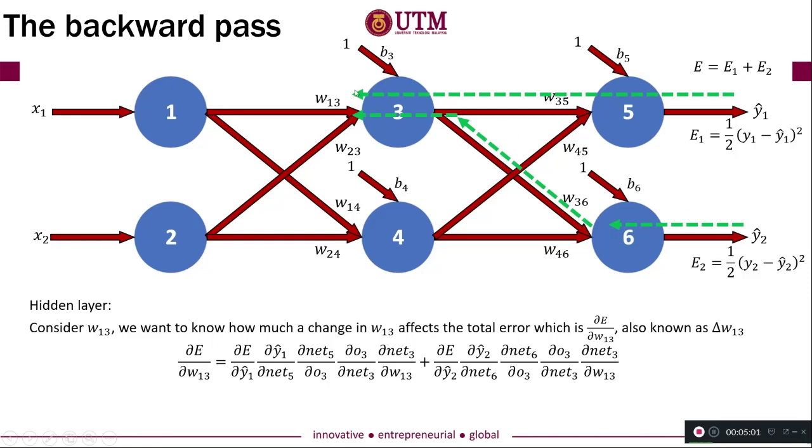So to find the gradient of this one, you need to consider both directions, because this one contributes in both directions. That means you cannot cancel the W36 term like we did in the previous one when we computed the gradient of W35, because that one only contributes towards Y1 hat, but this one contributes to both Y1 and Y2.